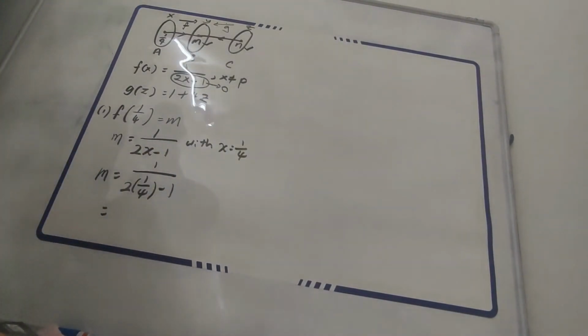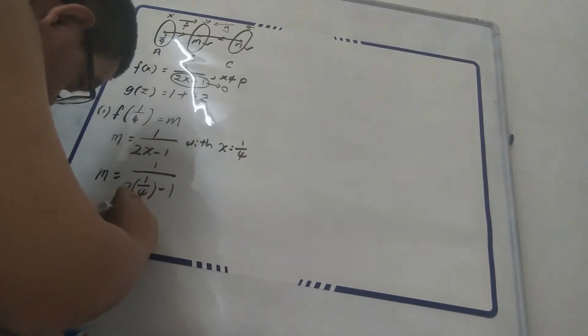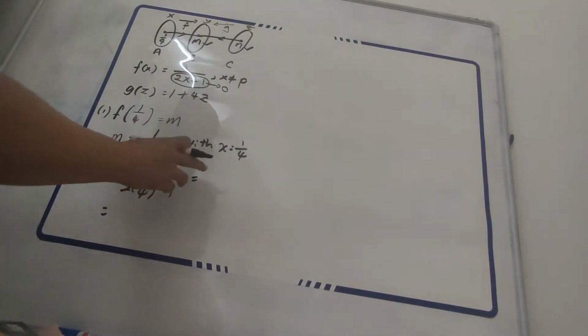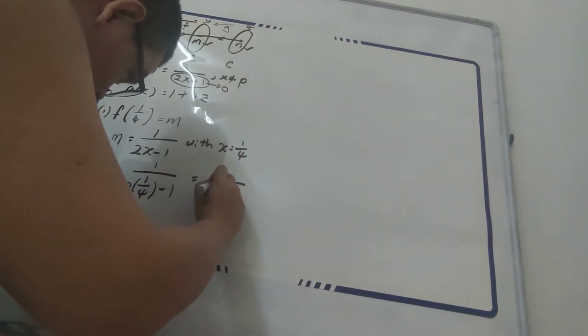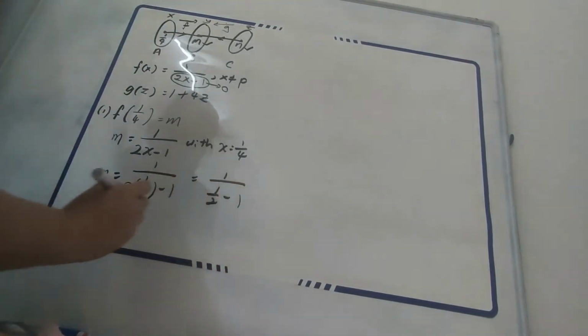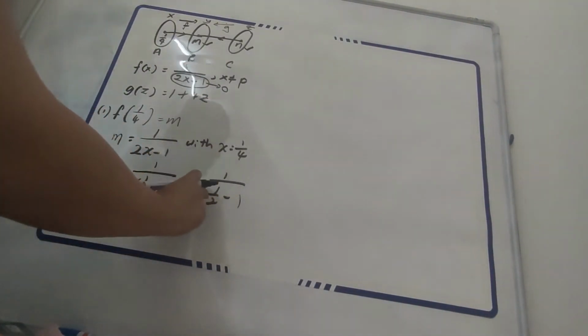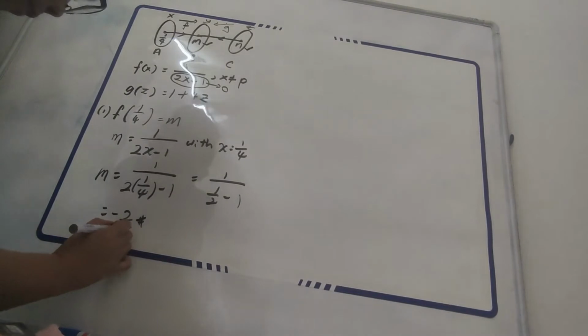Then for the answer, we just do more steps. So it equals 1 over (1 over 2 minus 1). So it should equal minus 2, because 1 divided by negative 1 over 2. So this is the answer for m.